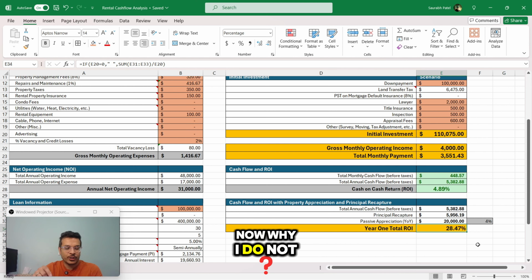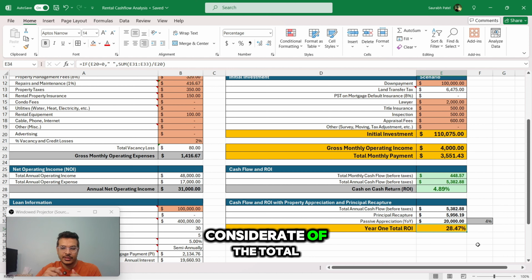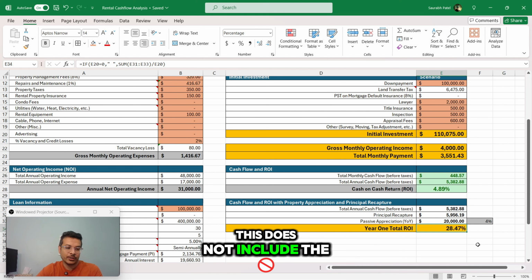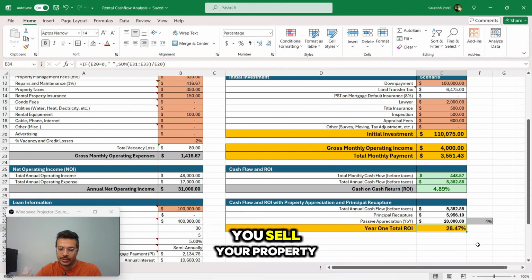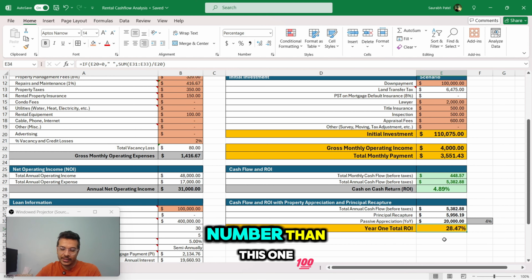Now, why do I not recommend this? Because it does not consider the total cost that you incur when you sell the property. It does not include the closing cost of the property. It does not include the realtor fees. It does not include other maintenance that you have to do before you sell your property. All of those things quickly add up, and your calculations go away, and you will end up with a way lower number than this one.